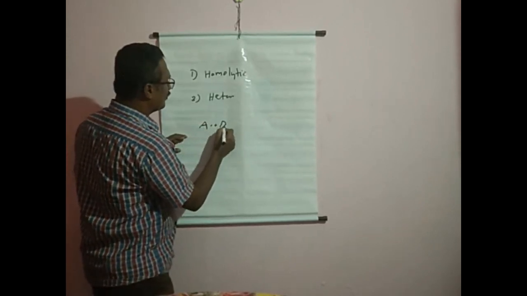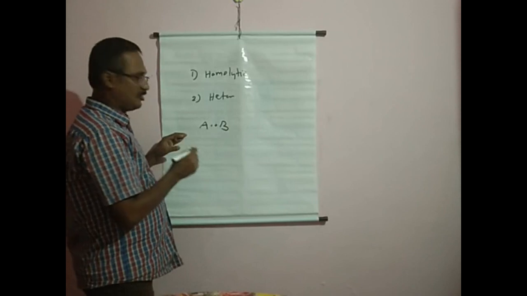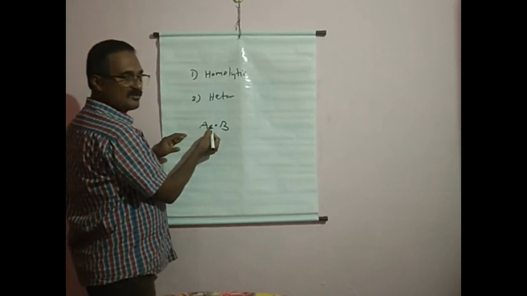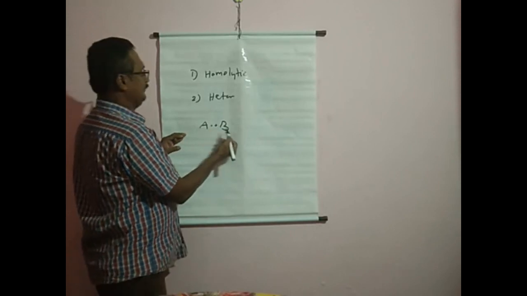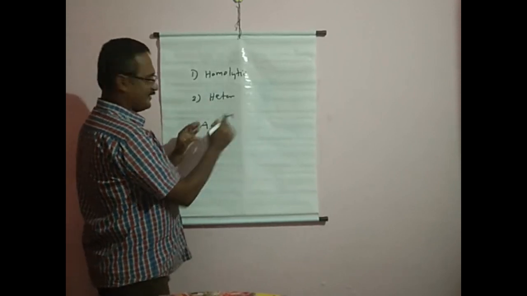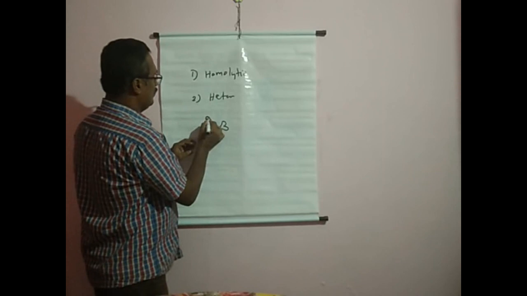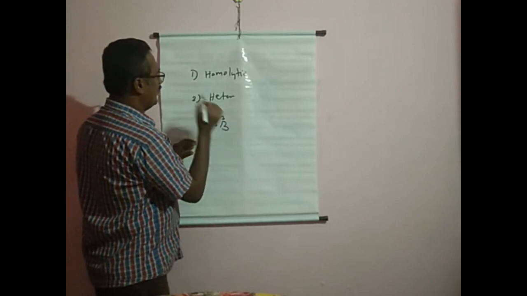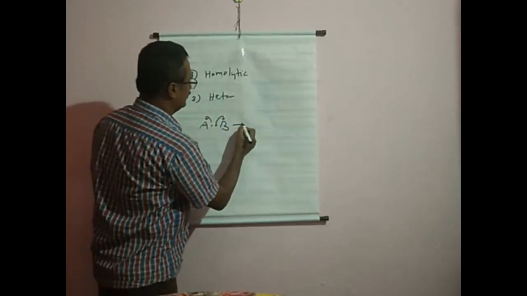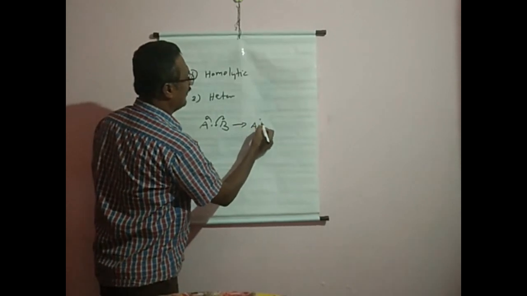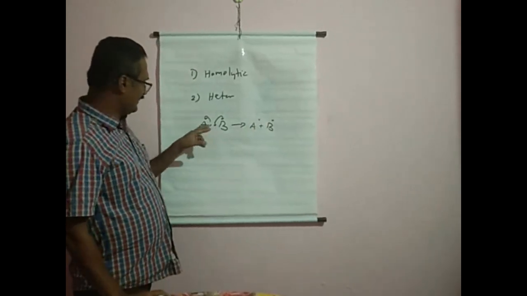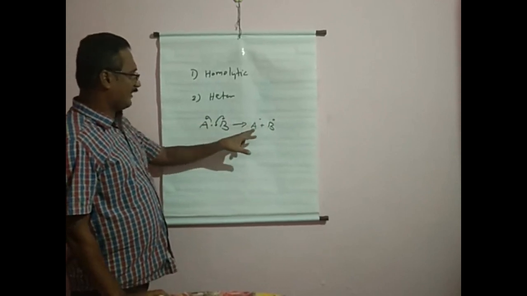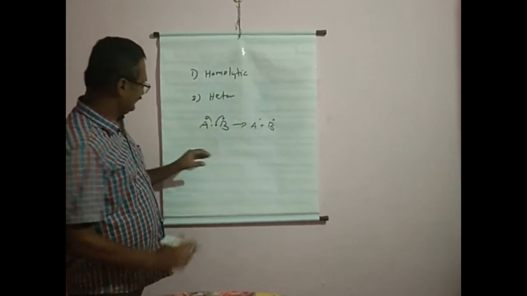A covalent bond is formed by sharing of a pair of electrons, one electron contributed by one atom and the other by the other atom. In homolysis, each atom takes one electron, leading to the formation of free radicals.